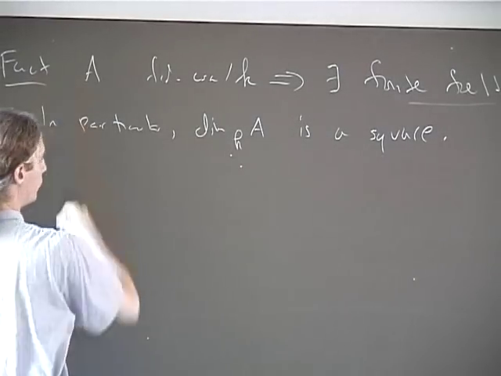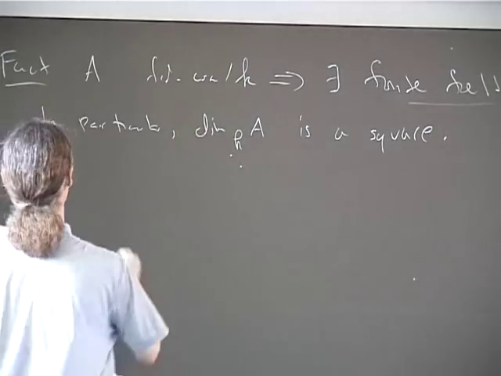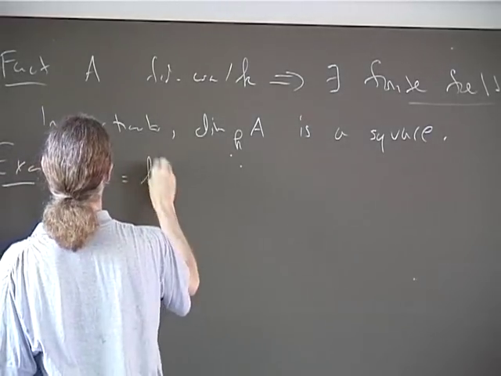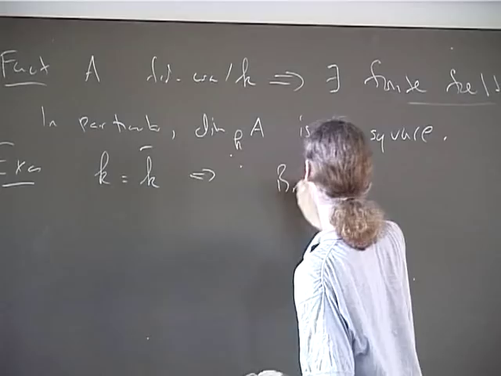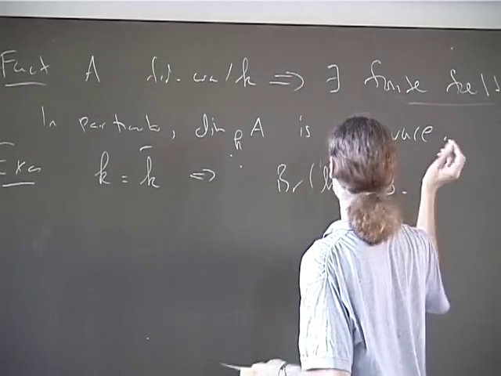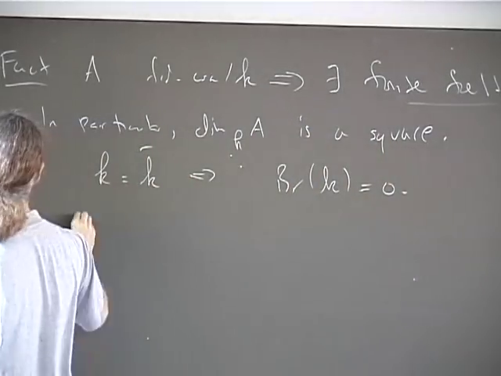Well, by this fact, if K is algebraically closed, the Brauer group is trivial.